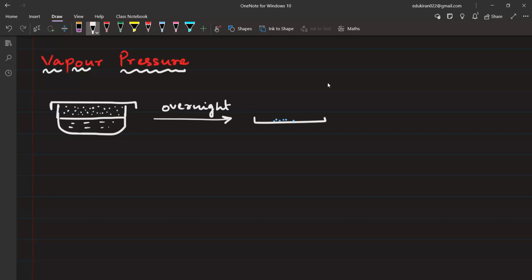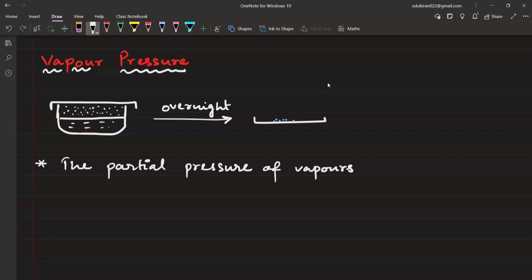Okay, so please write what is vapor pressure. The partial pressure of vapors in equilibrium with the pure liquid at a given temperature. I am saying equilibrium because these vapors come from the liquid, and when the vapors strike the liquid they get converted back to the liquid state.